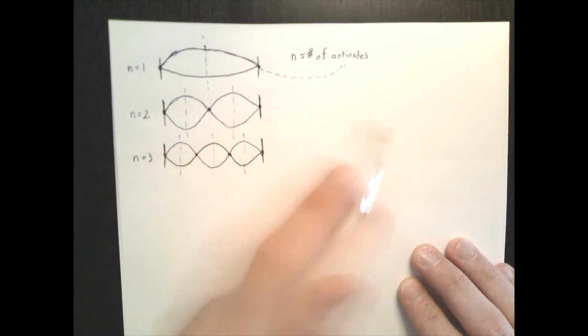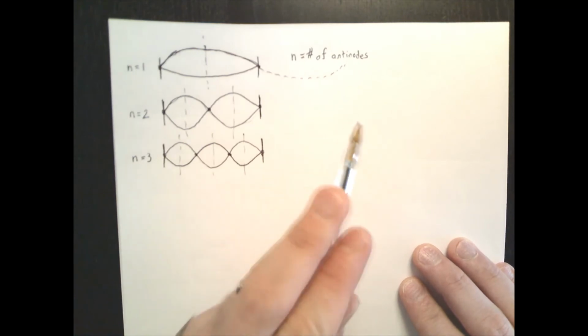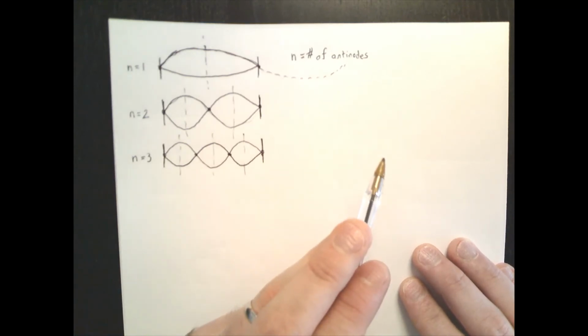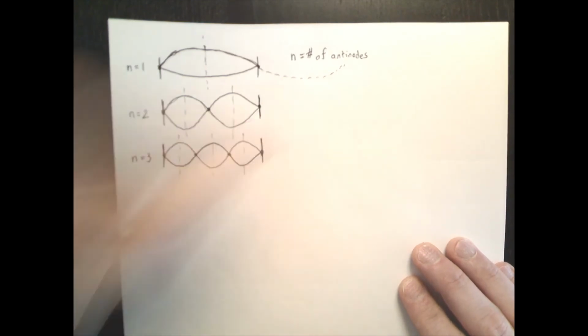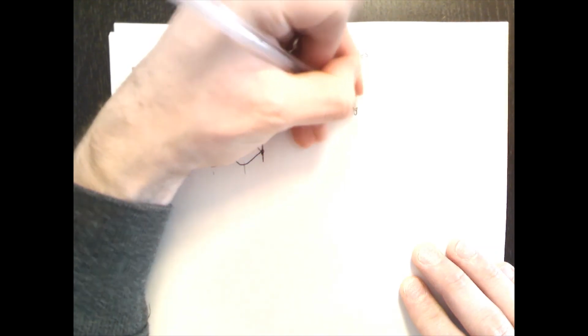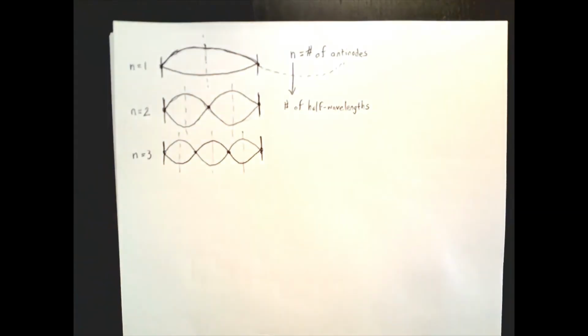So it corresponds to the number of antinodes, yes, but more distinctly, it is the number of half wavelengths I have in between the boundaries here. So n is also the number of half wavelengths. And this characterizes the allowed frequencies that can be made by a string system.